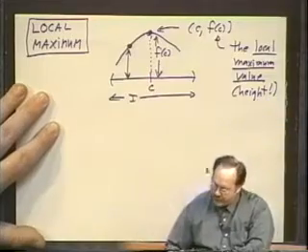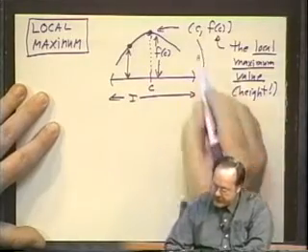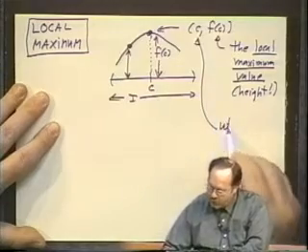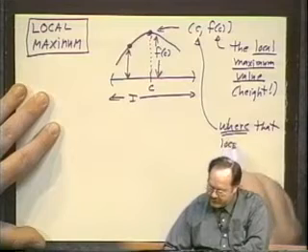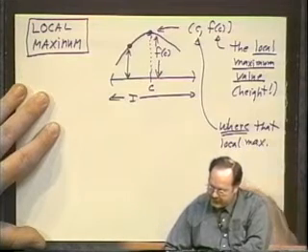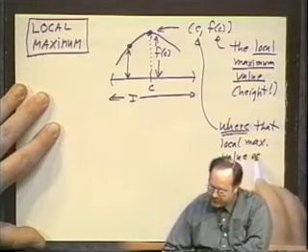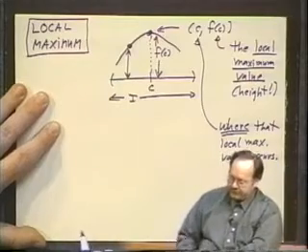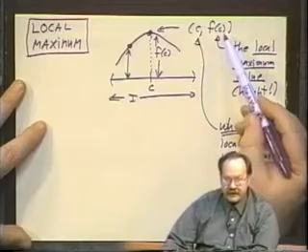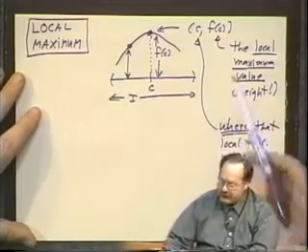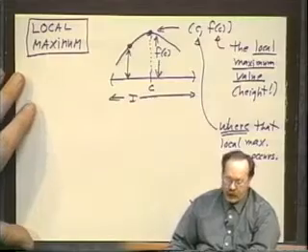That's the local maximum value. What then is C? C is where that local max value occurs. So the second part of the ordered pair, the y value f of C, is the actual maximum value, the height, and the first number, C, tells you where it occurs.